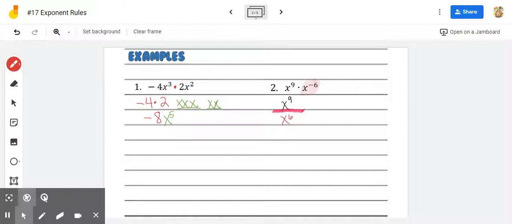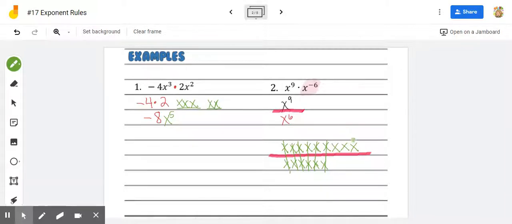Well, I have 9 x's on the top and I have 6 x's on the bottom. So I wrote out all my x's there to make this a little bit easier. So the question is, am I top heavy by my x's or am I bottom heavy by my x's? So if I start partnering up, you're going to notice that you are definitely top heavy.